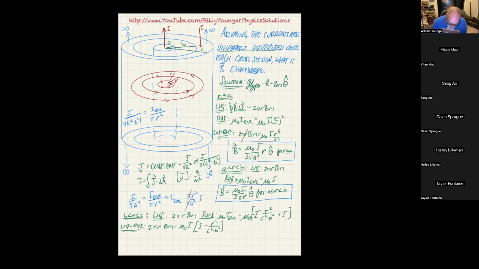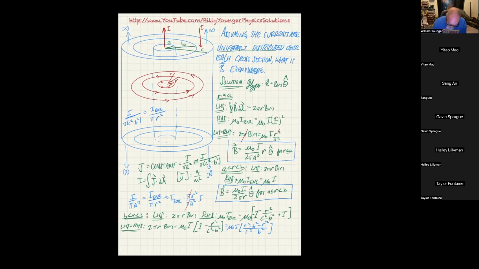I'm going to simplify the right-hand side, but I don't want it to look like the right-hand side's equal to the middle part, so I'm just going to do it in a different color. This is going to be mu 0 I times c squared minus b squared, and then minus r squared over c squared minus b squared. In other words, I got a common denominator. So I have c squared minus b squared minus r squared on the top, and c squared minus b squared on the bottom.